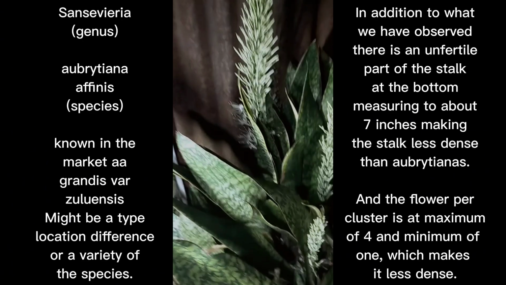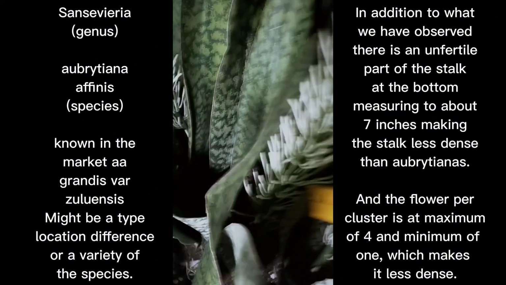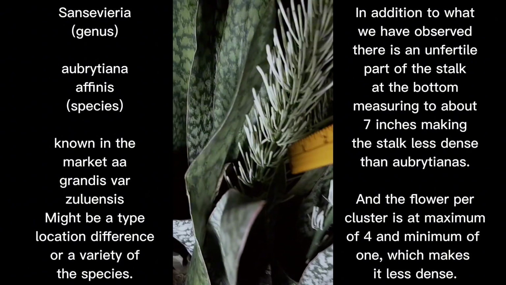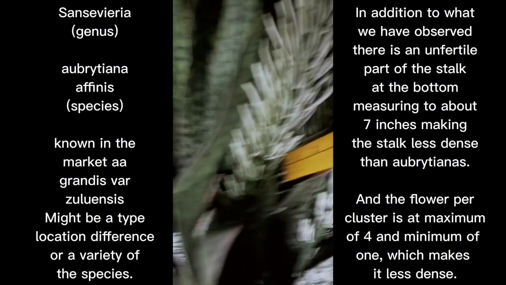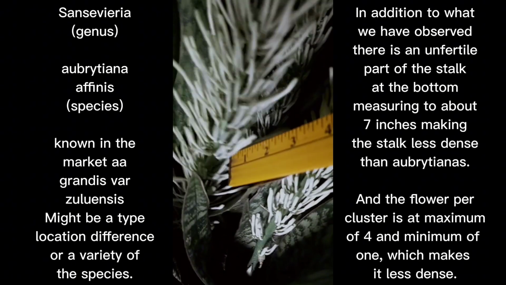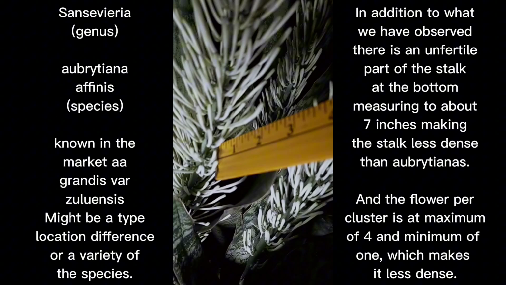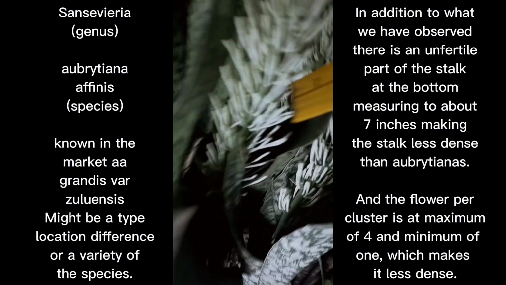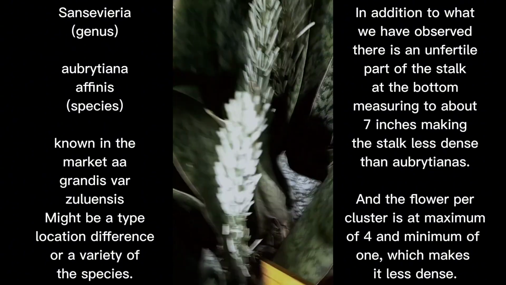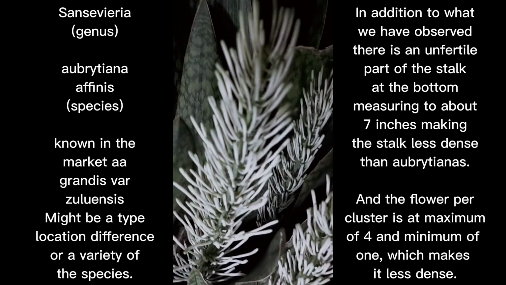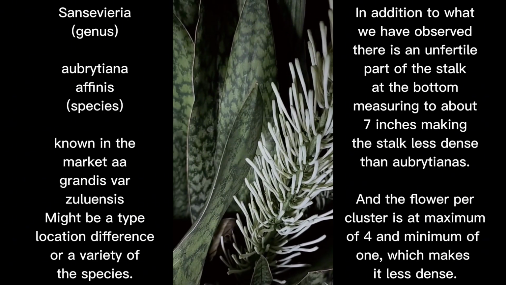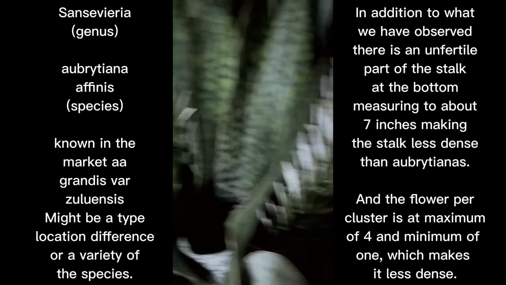So next we will be measuring the flower tube that's almost going to open, and I think that's the one. It's at 2.5 inches. The ones that are not going to open yet would be around 2 inches in length.